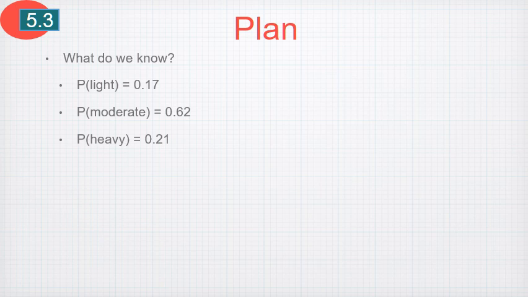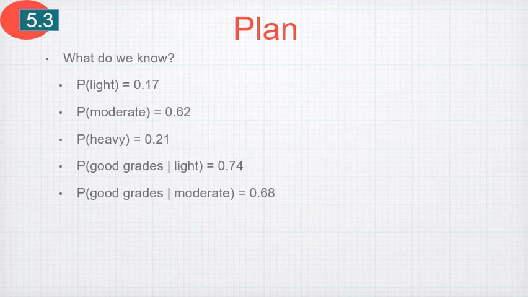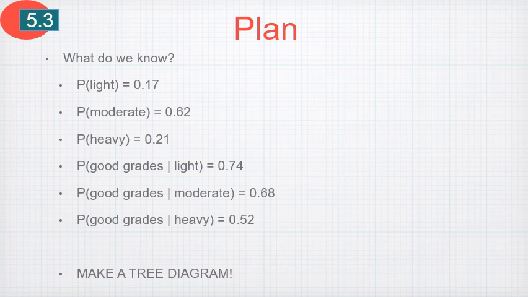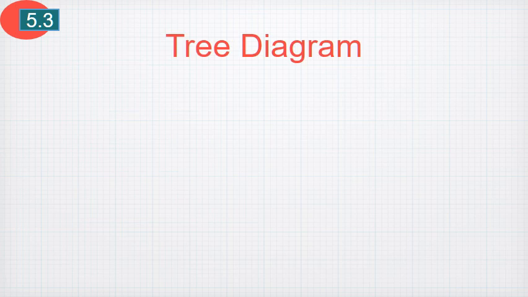The probability of heavy users, 0.21. The probability of getting good grades given that you're a light user, 0.47. The probability of good grades given that you're a moderate user, 0.68. And the probability of good grades given that you're a heavy user, 0.52. My goodness, that's a lot of probabilities. To me, it looks like we should make a tree diagram. So that's what we're going to do.